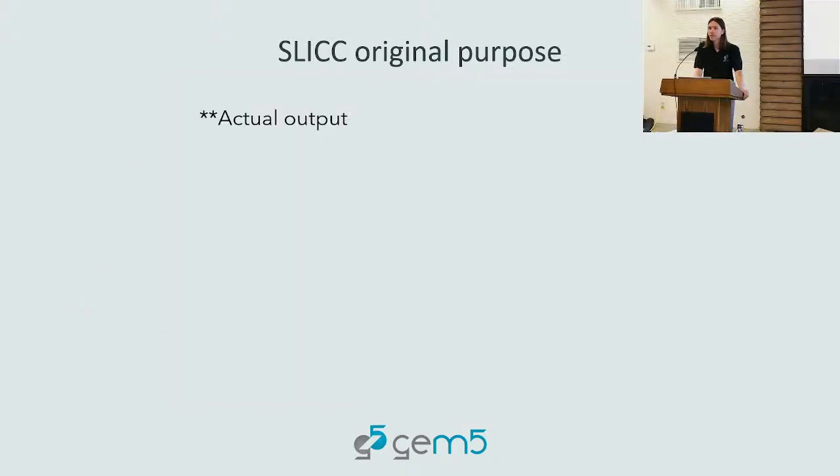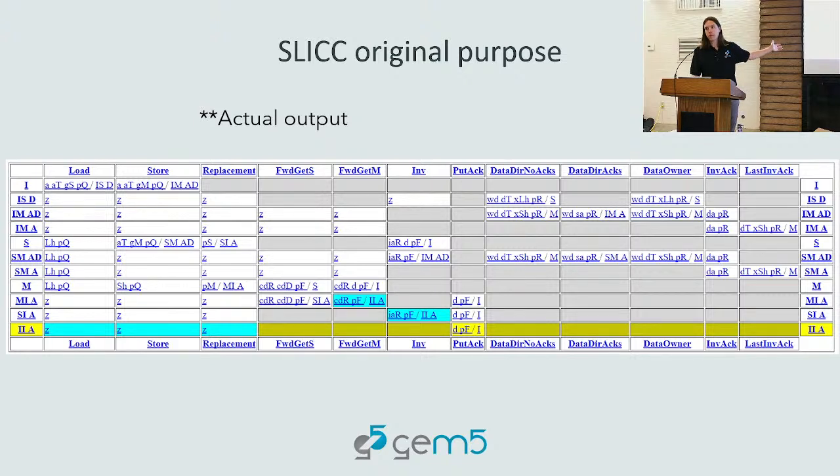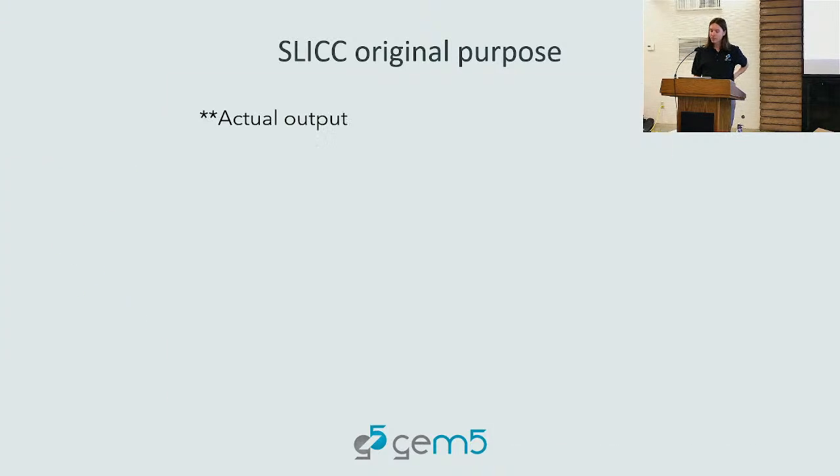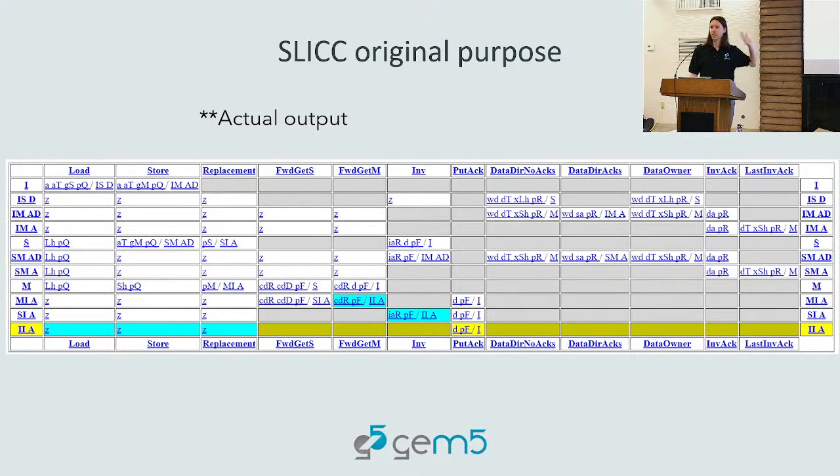So today, if you run gem5, compile it, and say SLICC HTML equals true, you actually get this output. So you can still use SLICC to generate these tables. And you'll notice it is almost exactly the same as this table, except with a lot more details built into it, since this has to be exactly right.